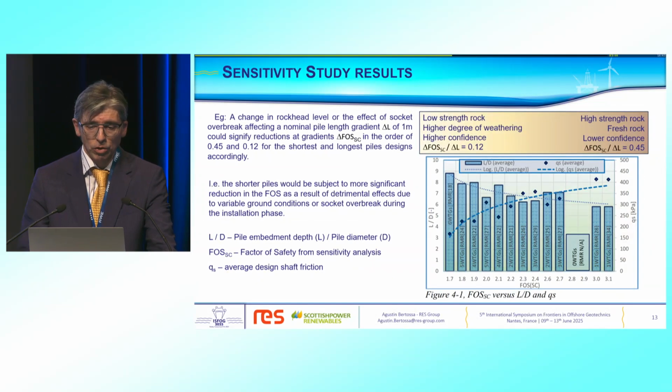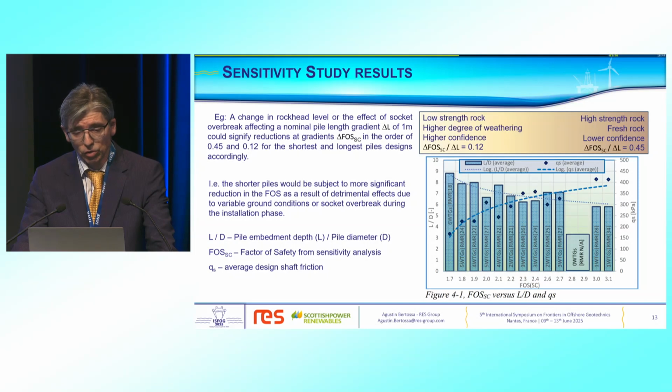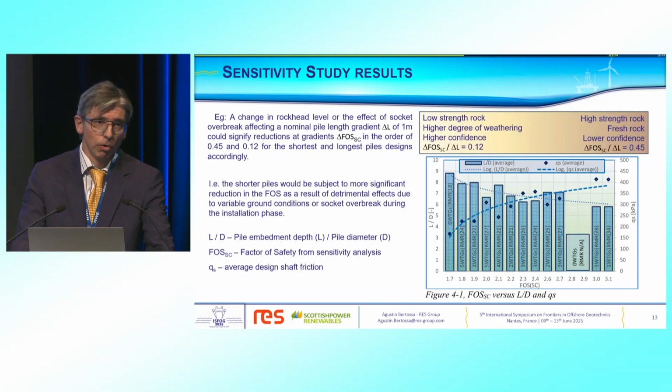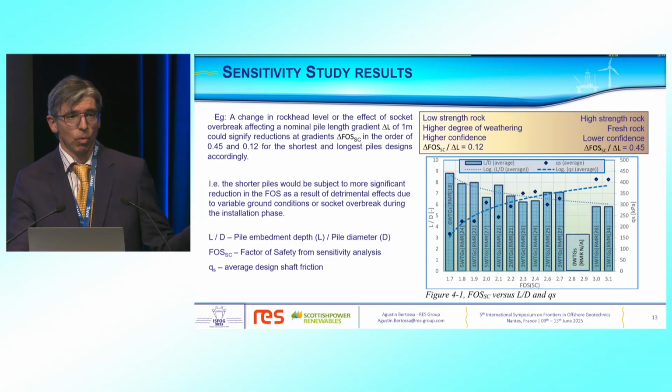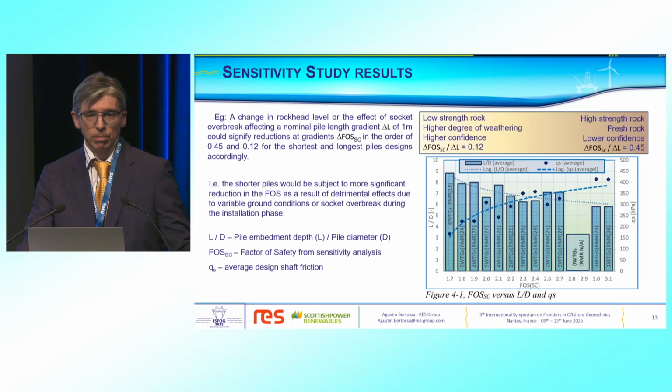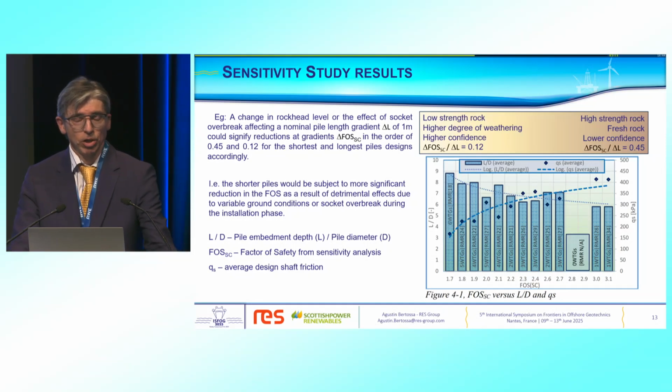So to illustrate the results from this sensitivity study, we found that the longer piles with L/D ratios of about 9, within the higher degree of weathering and lower strength rock, could accept a minimum factor of safety of 1.7. Having said that, we would expect that within some rock, once you reach a reasonable length, you reach competent rock.